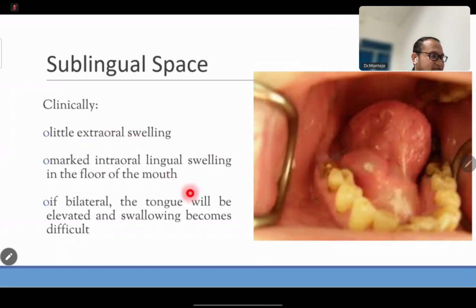So patients are less likely to present with extraoral or external swelling. Okay? And then take note, if the involvement is bilateral, left and right, it would produce a posterior deviation of the tongue, thereby making swallowing and even breathing difficult. So again, it is an emergency if your tongue is deflected posteriorly.